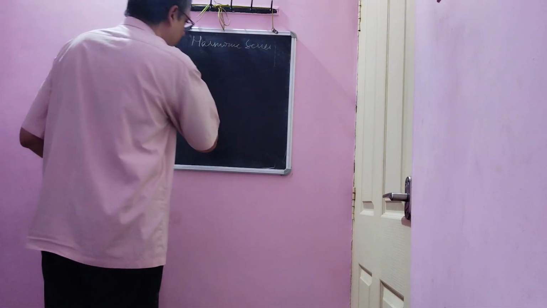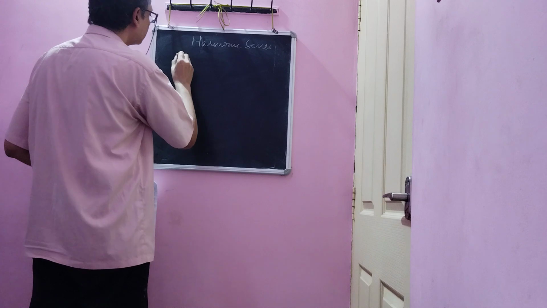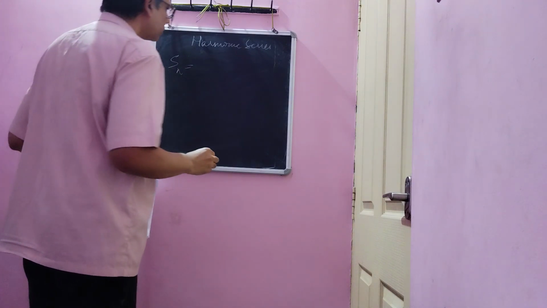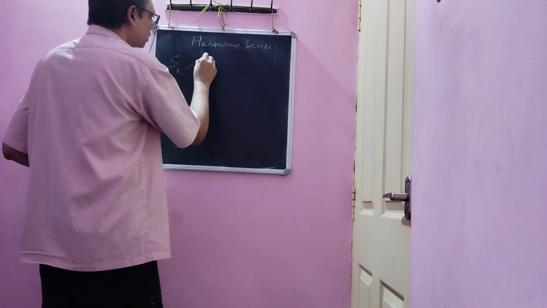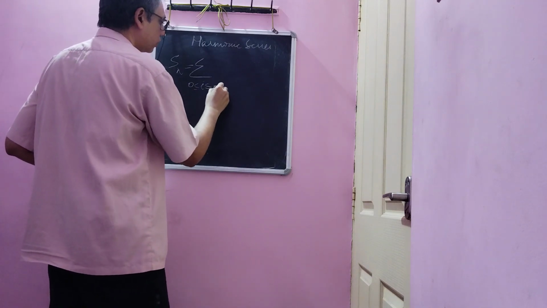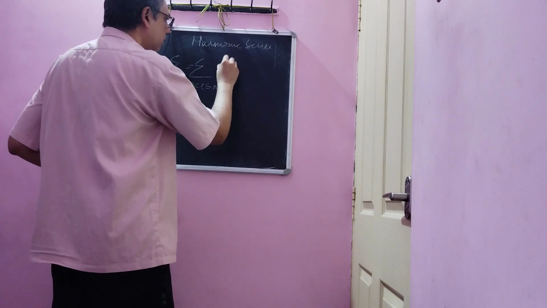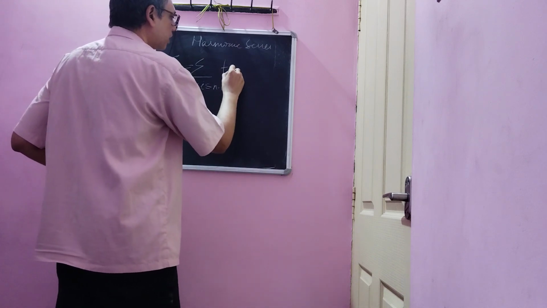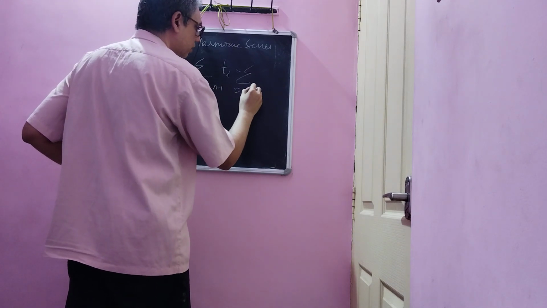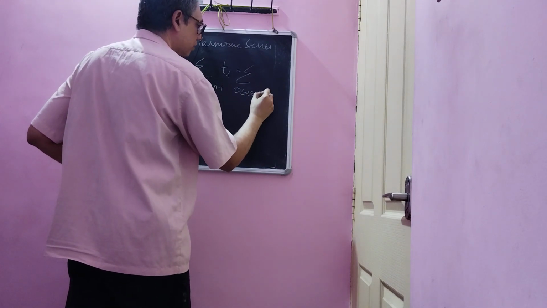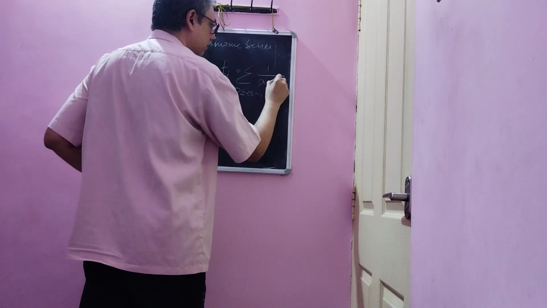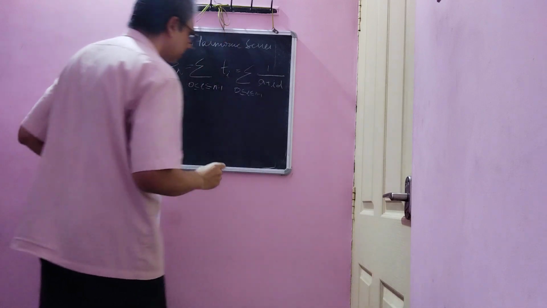Now we have Sn is equal to the summation 0 less than or equal to i less than or equal to n minus 1 of Ti, which is equal to the summation 0 less than or equal to i less than or equal to n minus 1 of 1 by A plus iD.